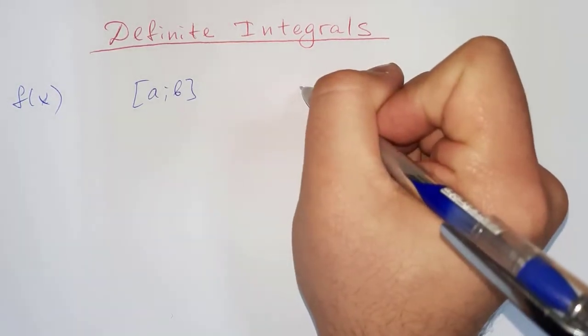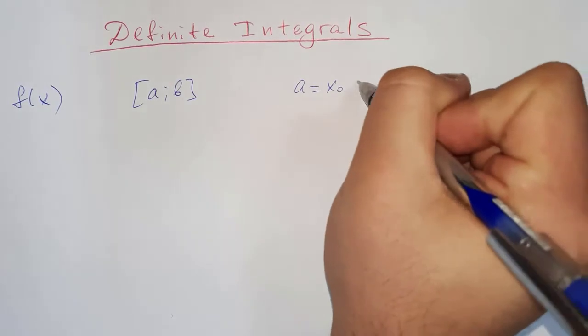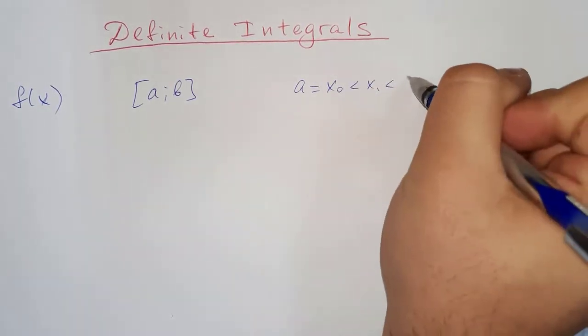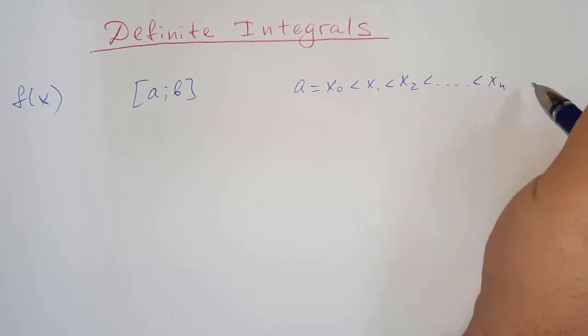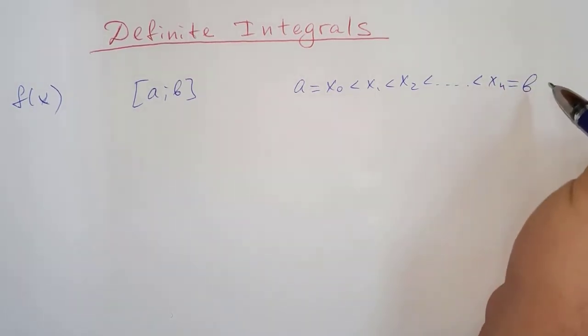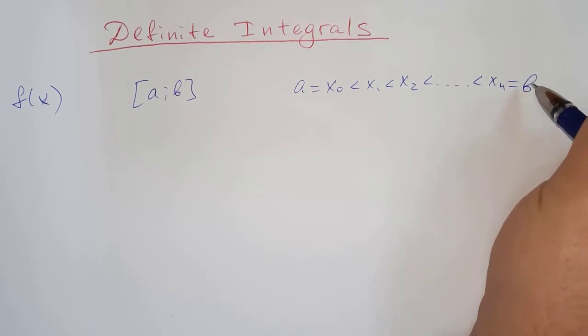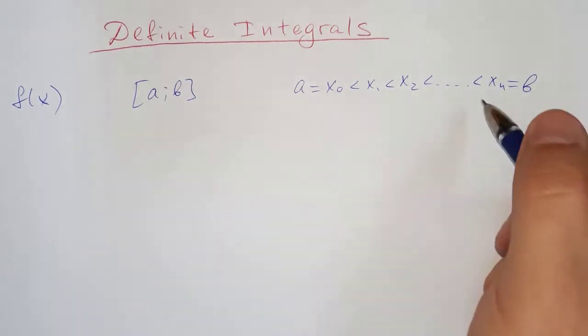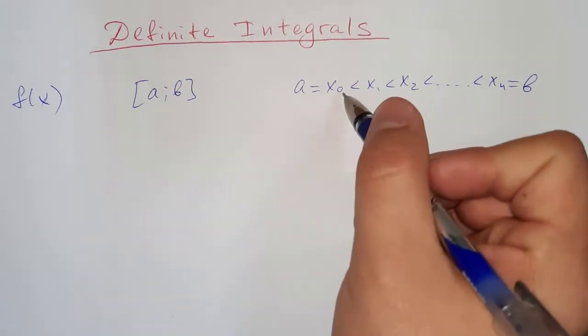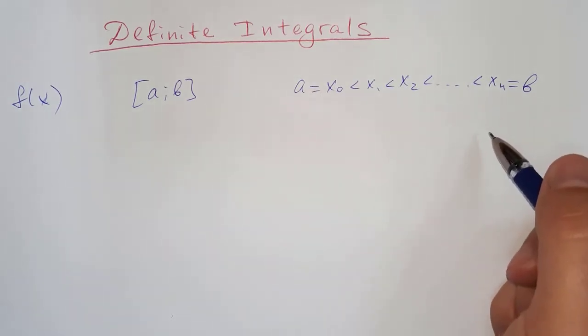For example, a equals x0, x1, x2, etc., xn equals b. So any arbitrary partition we have on this interval, we divide into n subintervals. You can see here we have n subintervals.